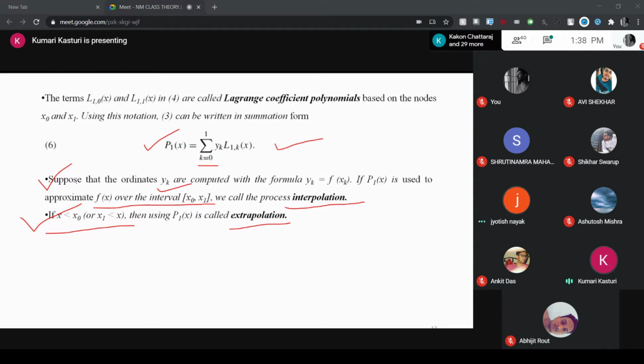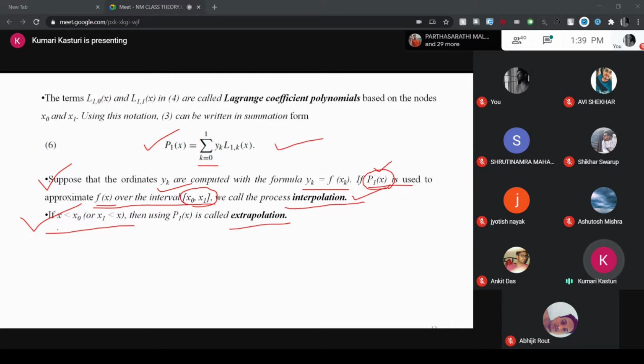Interpolation: suppose that yk are computed with yk of f of x. P1 of x is used to approximate f of x over the interval x0, x1. We call it interpolation. It means P1 of x is calculated over x0 and x1. The interval x0 and x1 is given, and with that interval you are finding P1 of x, and P1 of x passes through all the data points. Then that is called interpolation.